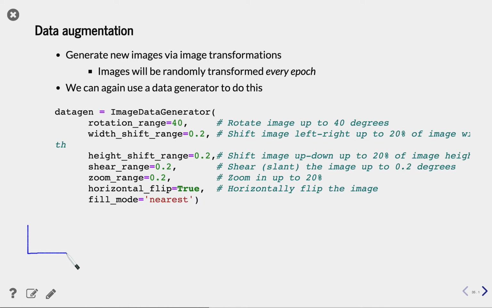So we filled this in by just copying the pixel all the way down here, right? Same here. It's quite noticeable here. There's empty space because we shifted to the left, and then we fill this in by copying the pixels here. Also here we can see it, and here as well, right? So yeah, that's how we create many images from a single image.